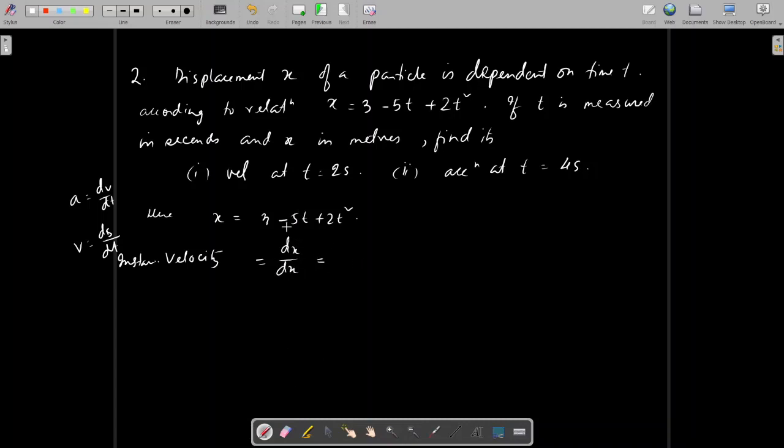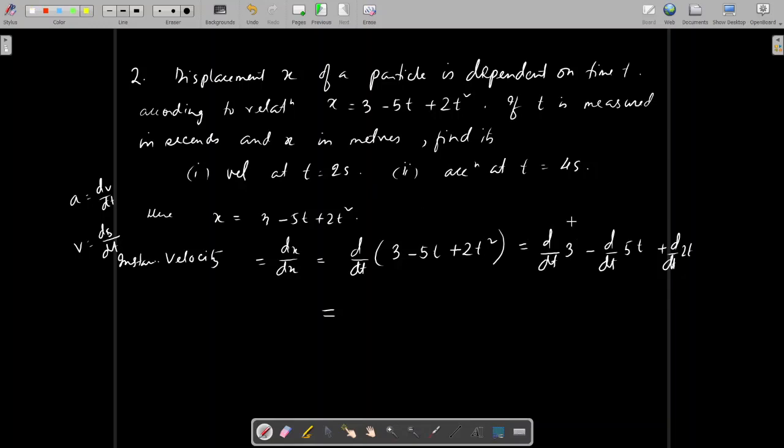So what is the value of x in terms of t? So d by dt of 3 minus 5t plus 2t square, right? So this is equal to d by dt of 3 minus d by dt of 5t plus d by dt of 2t square. So you can see here the first term is a constant.